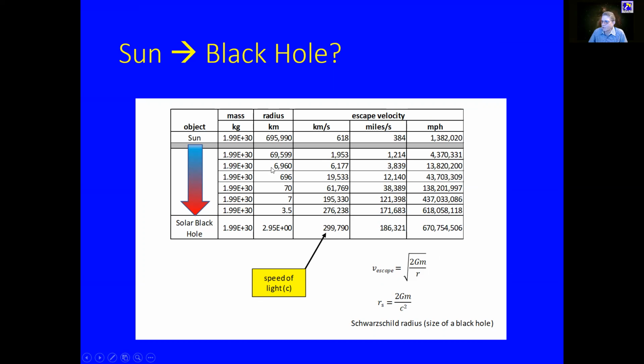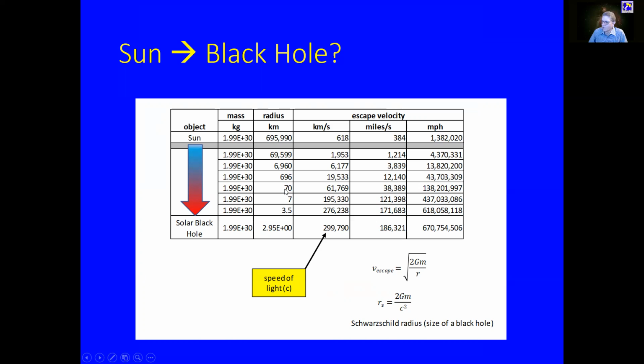Again, if we take it, crunch it down another 90%, so to where it's only just a little over 7,000 kilometers in radius. Now you can see the escape velocity has increased again. And again, we take it down another factor of 10. We've increased it to almost 20,000 kilometers per second.